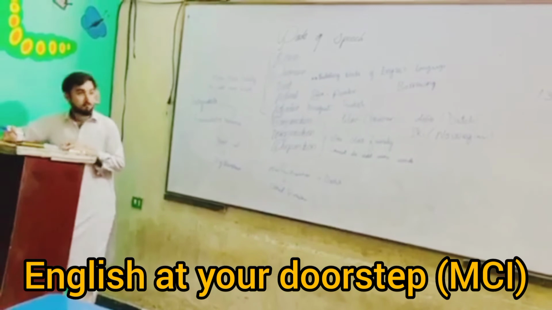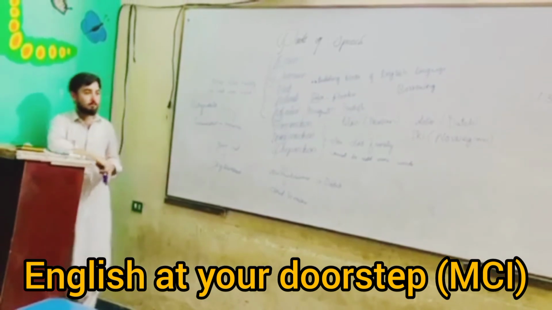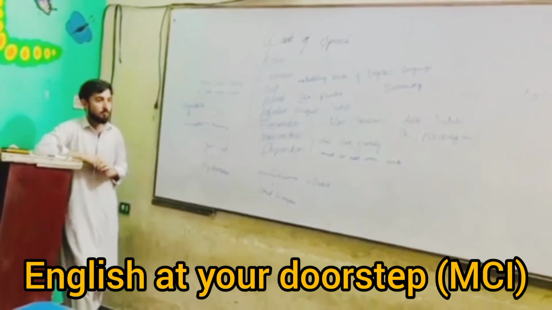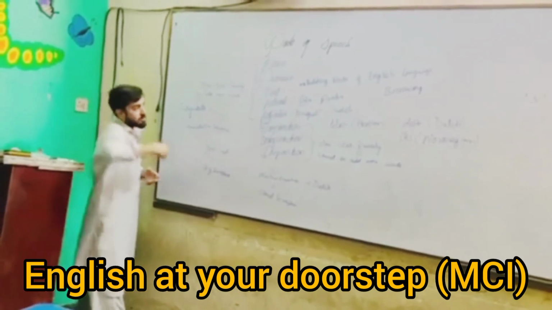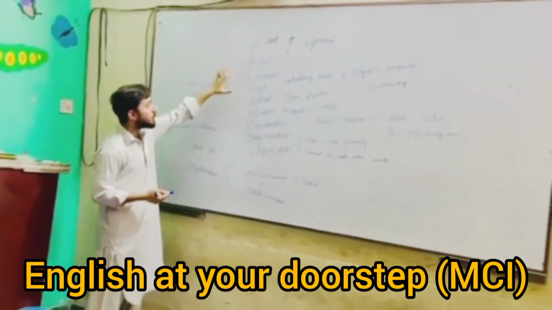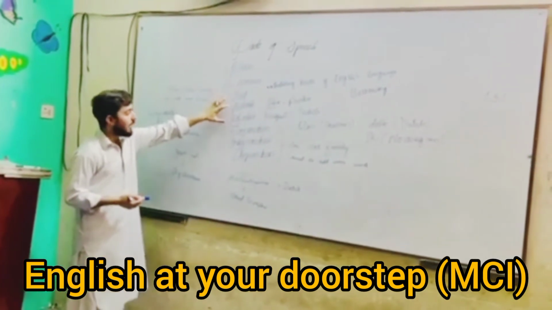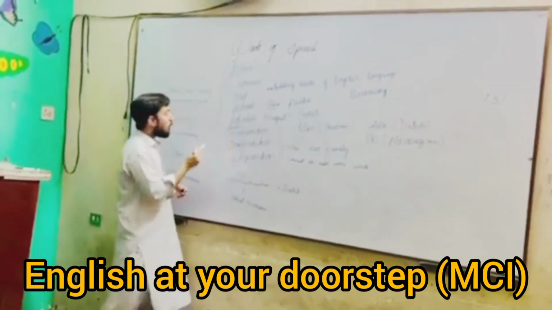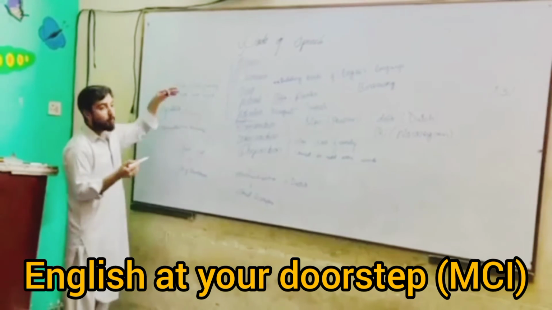I'm trying to talk about classes like open system and closed system. So I talk about open class families: noun, pronoun, verb, adverb, and adjective. Why do they call them open class? Because we can add more words.